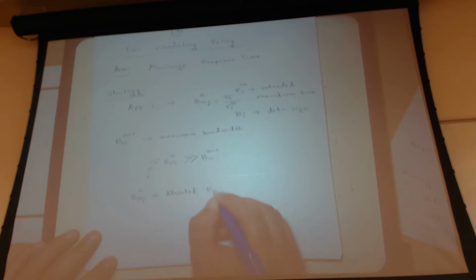The allocated bandwidth is basically given by this equation: the required bandwidth divided by the sum of all required bandwidths, multiplied by the maximum bandwidth.